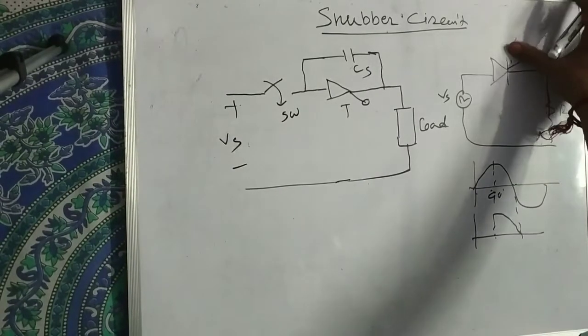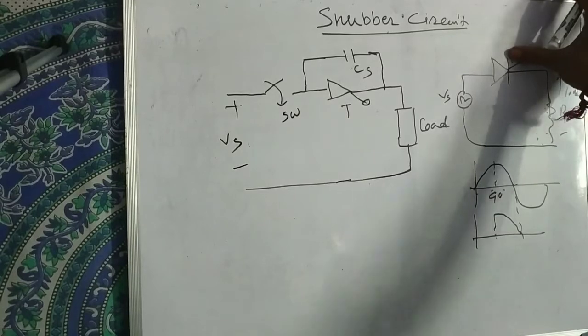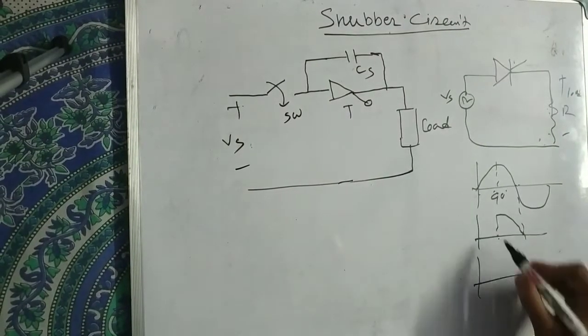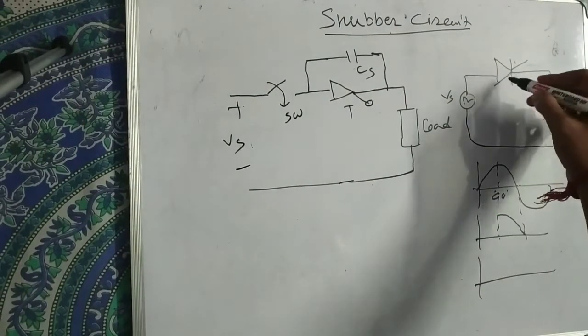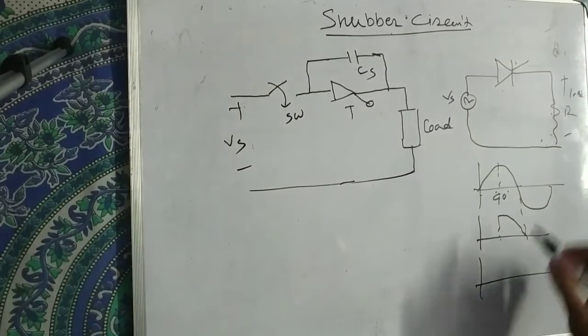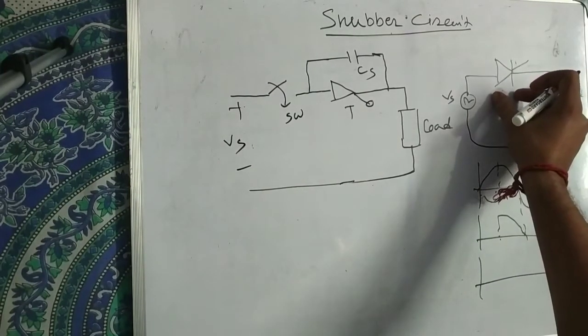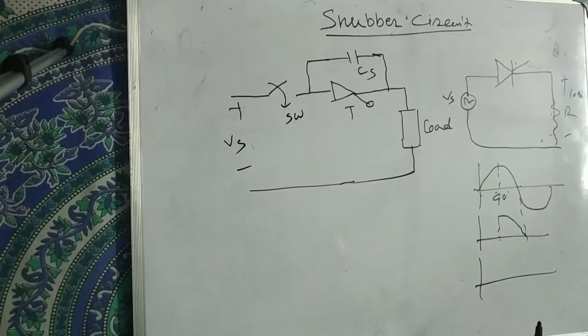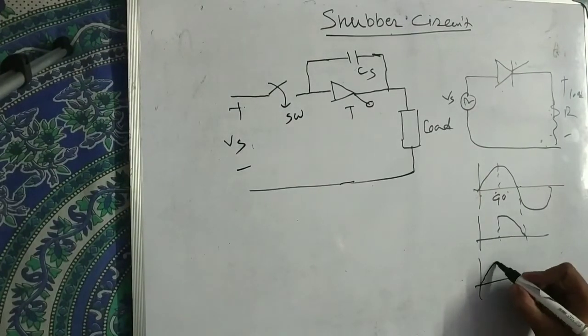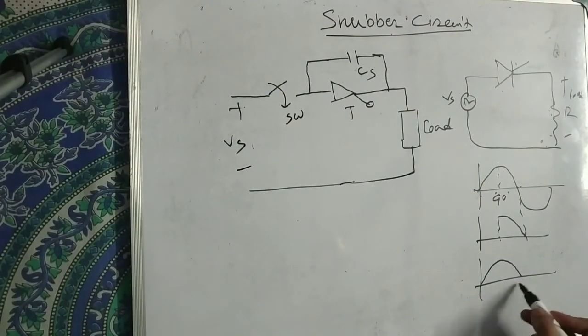But if this is not an SCR but a diode, and it is an ideal diode, then the forward voltage drop across the diode is 0 volts, so the output voltage will be half-wave rectified.